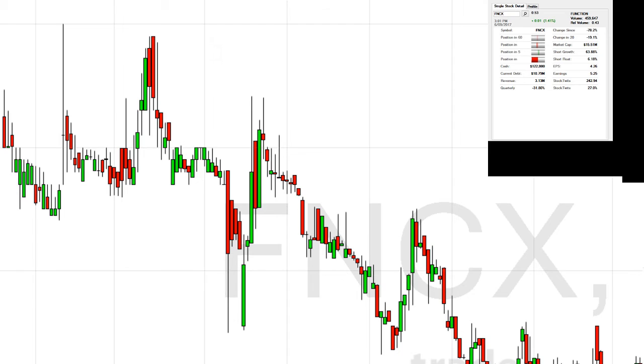So 35 would be its new built support. Let's see the lows right now. 45, 43.